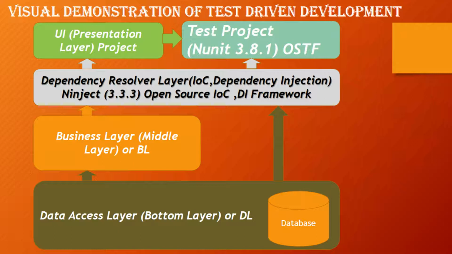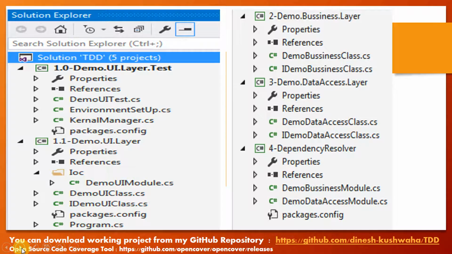But I will use some kind of dependency resolver project, so that the dependency will be minimum. So let's move to our next slide, and you can see here this is the basic infrastructure of the project.